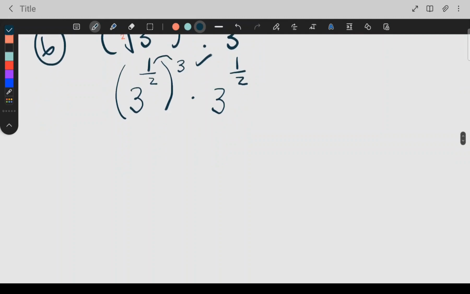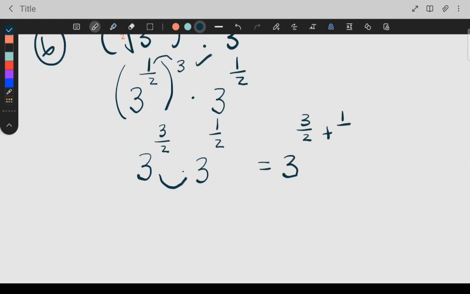Then a power to a power we multiply. So this is 3 over 2 times 3, and this is a half. And then when you multiply exponents with the same base, you keep the base and you add the powers. That's what happens. So 3 over 2 plus a half is 2. So this is 9. So that's how you do that.